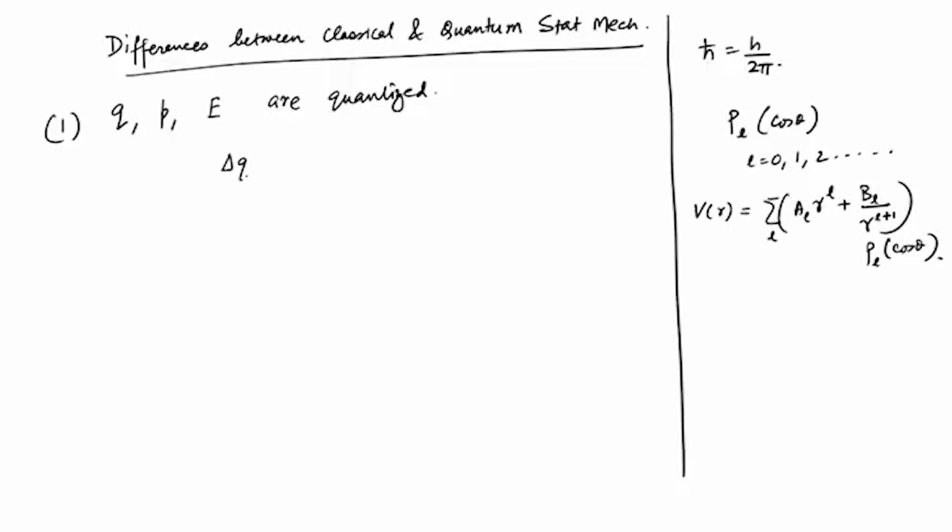The second important thing is that we know that Q and P can be independently defined in classical mechanics. However, in quantum mechanics, Q and P cannot be independently defined because of the uncertainty relation that we have. So, delta Q delta P should be of the order of h cross, or one can write it a little more correctly as greater than or equal to h cross by 2. This has nothing to do with the accuracy of the experiment.